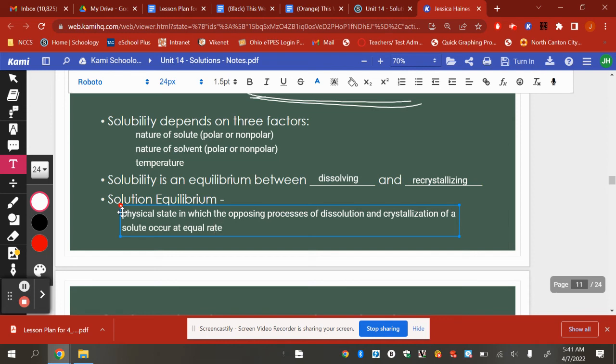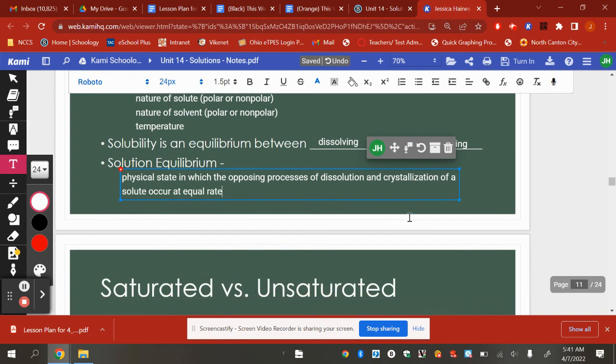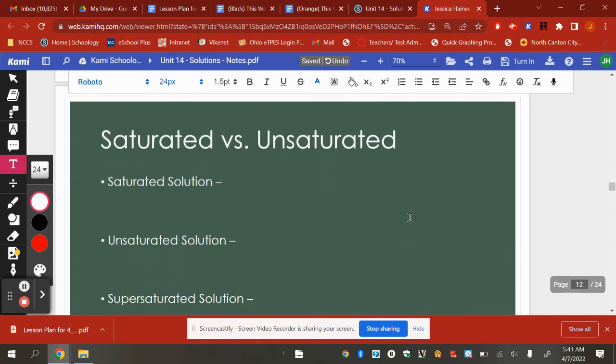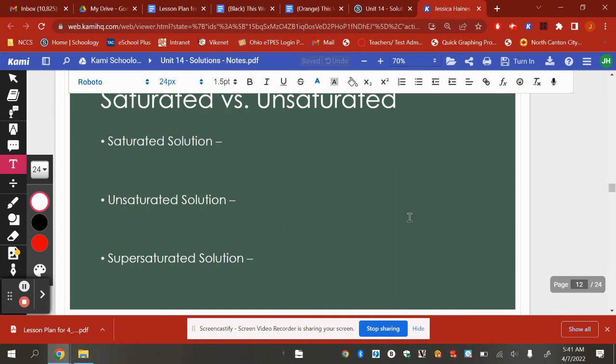That happy place where particles are dissolving and they're recrystallizing at the same rate, and therefore it has reached solution equilibrium. And it has created what is called a saturated solution.